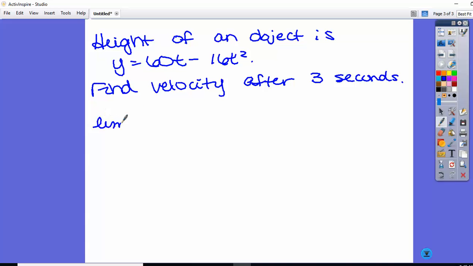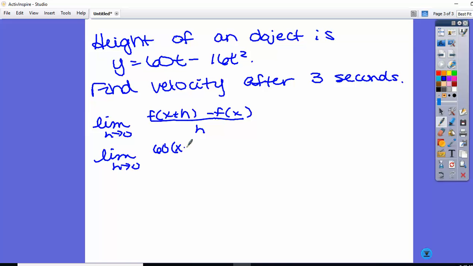So we're doing the limit as h approaches 0 of f of x plus h, minus f of x, all over h. So you're really doing this on practically every problem here, guys. So the limit as h approaches 0 of 60 times x plus h, minus 16 times x plus h squared, minus 60x plus 16x squared.